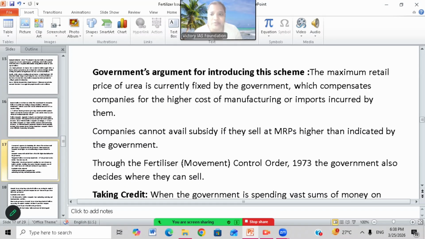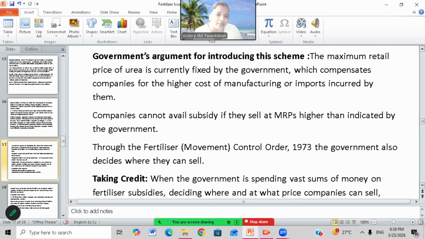So, the government's argument for the introduction of this scheme. The maximum retail price of urea is currently fixed by the government, which compensates companies for the high cost of manufacturing or imports incurred by them. Even though the government has fixed one particular price for urea, companies are selling at different prices, showing import costs or cost of manufacturing, etc. So the companies can't avail subsidy if they sell at an MRP higher than indicated by the government.